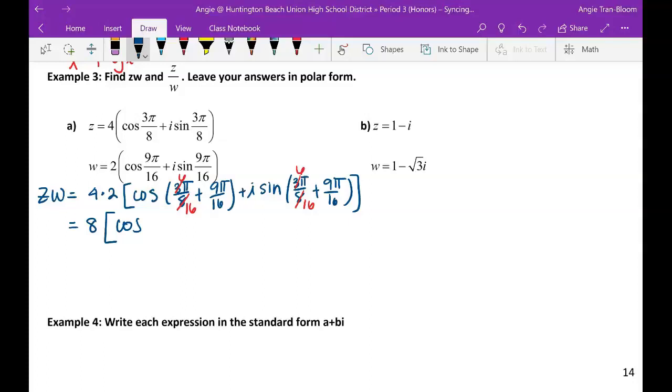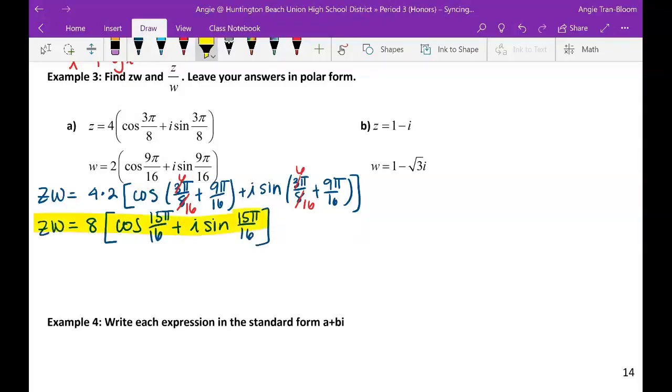So is that 15 pi over 16? Okay, very good. Then plus i times sine of the same exact angle. Okay, so that is what we do when we multiply.